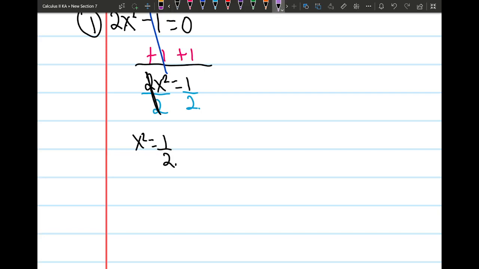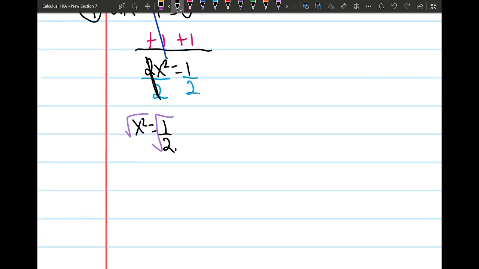Now, when we have this going on, we take the square root, and that's why it's called the square root method.